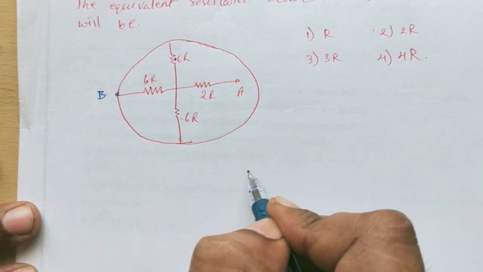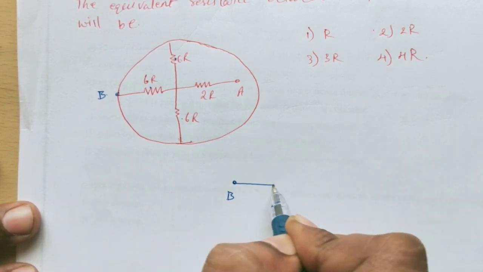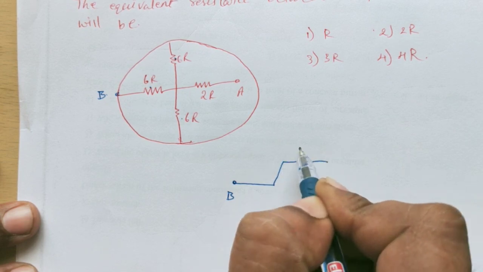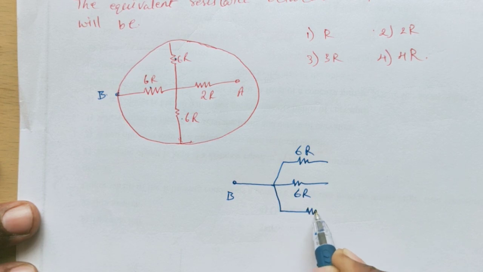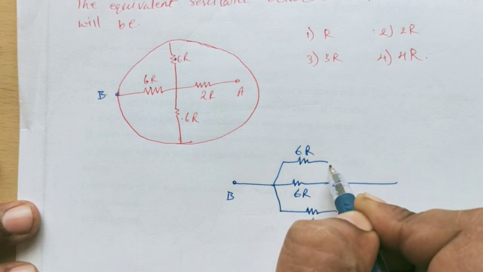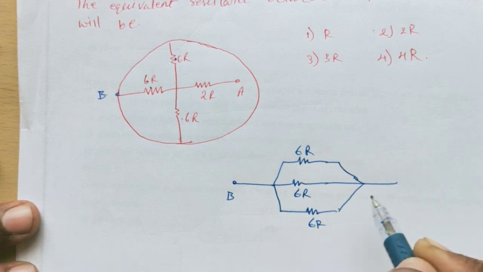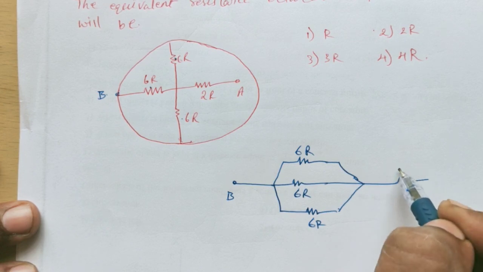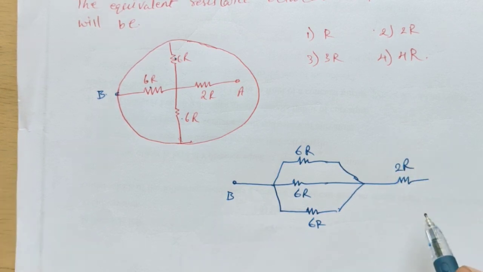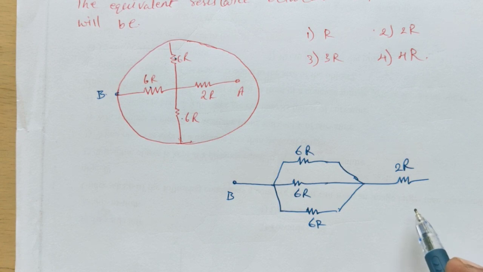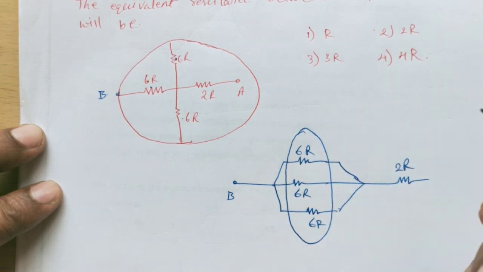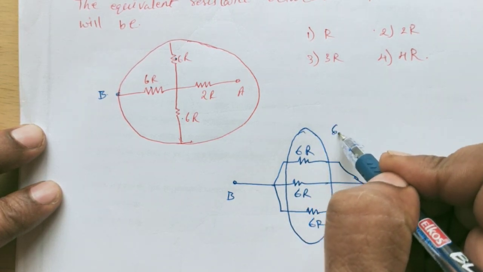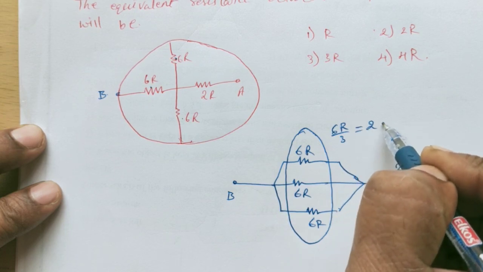So the equivalent circuit: let me take this one as B, here 6R and this 6R and one more 6R are in parallel combination. Continuing, further here 2R is also present. So students, here three equivalent resistances in parallel combination; as 3 identical ones, 6R by 3, that value is equal to 2R.